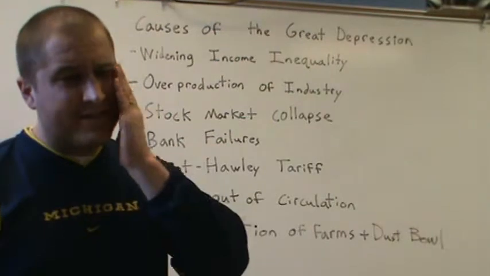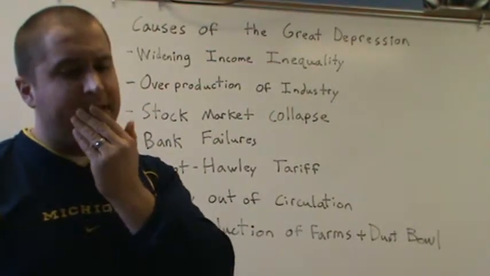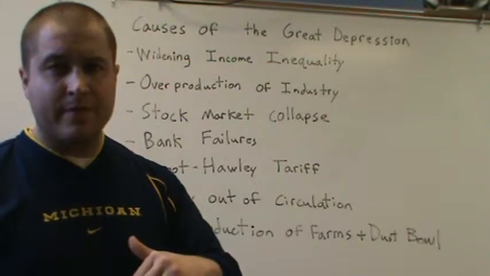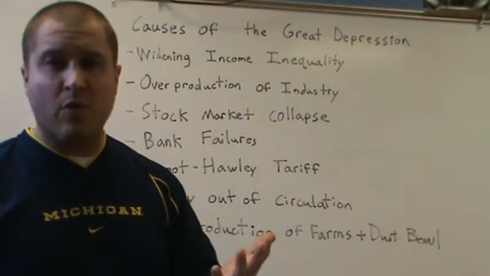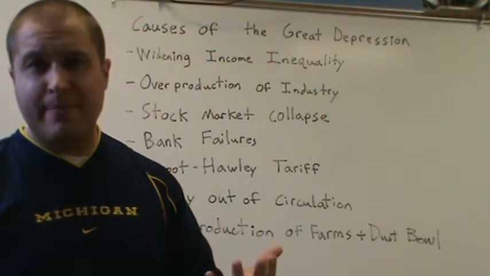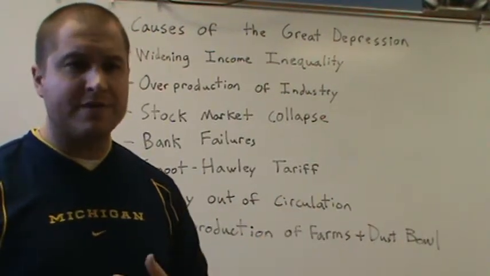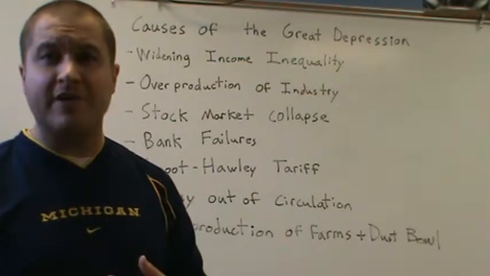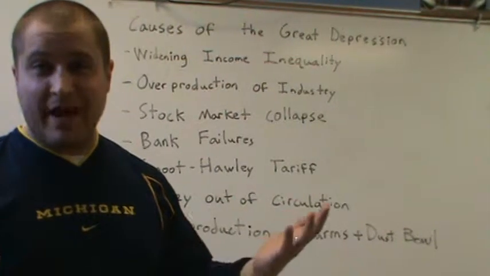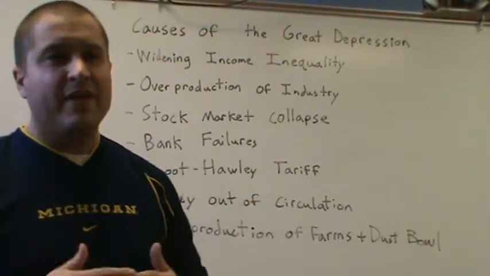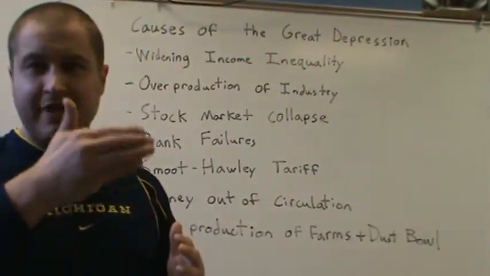And so a lot of farmers naturally said, well, to make up for crop prices falling, I'll just farm more, and that way I can make the same amount of money. And a lot of farmers were thinking this, so they had more production of farm goods. And because you had more production, higher supply, prices dropped. And it started to feed into itself.